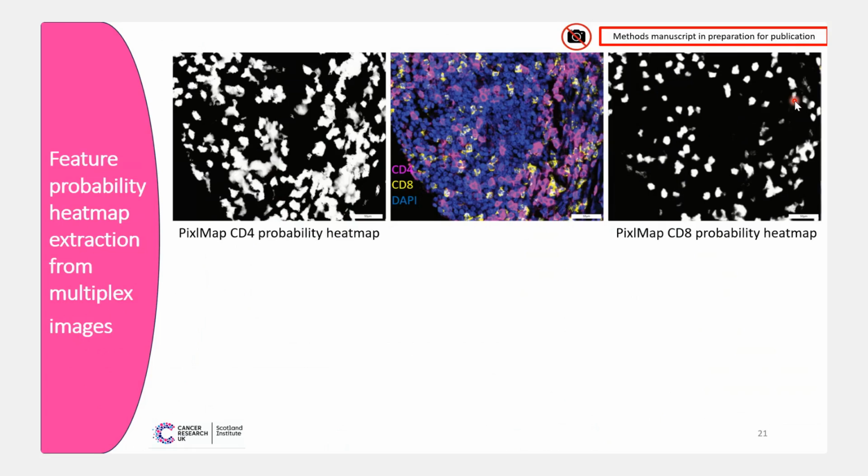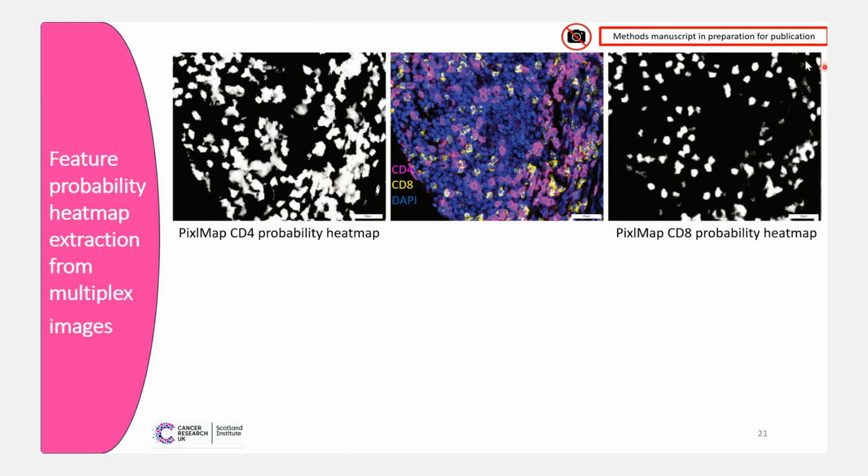And we found this really interesting as well. In the middle here, this is from another sixplex, but we've just got DAPI, CD4 and CD8 turned on for good visualization. By inputting the CD4 channel within the architecture and viewing the probability heat map for CD4, it can pick it out really, really well.